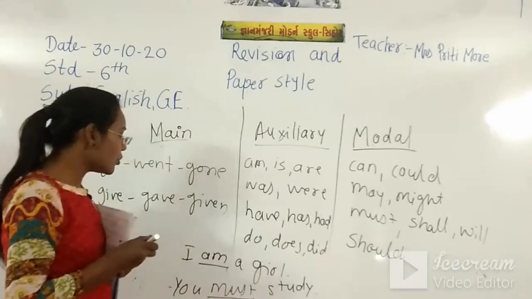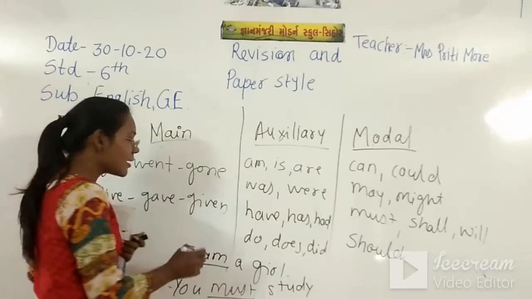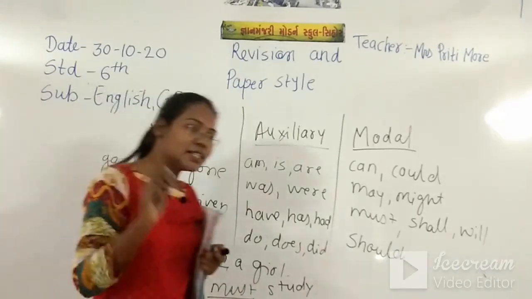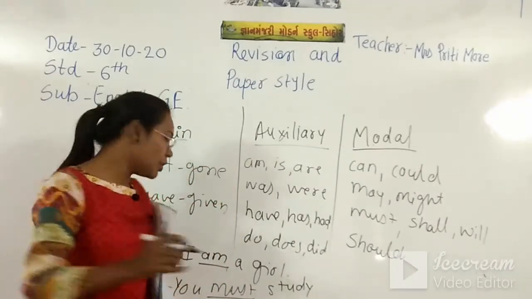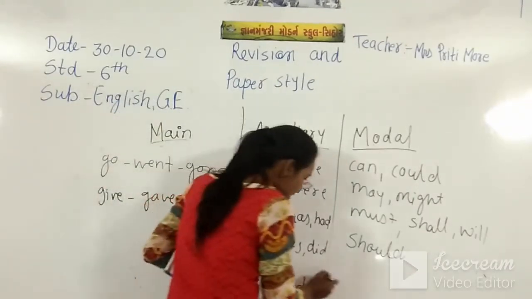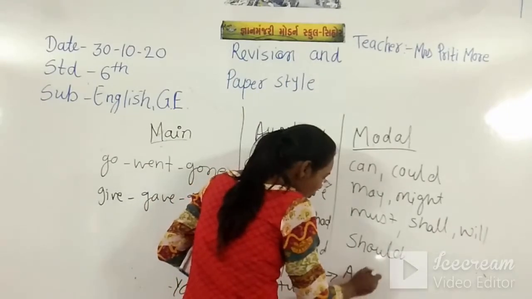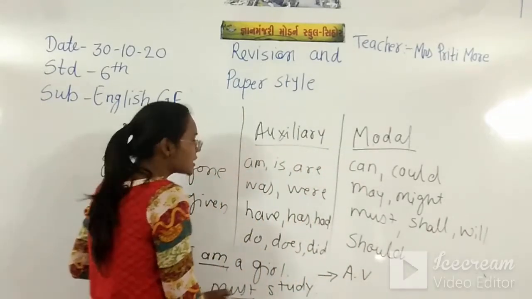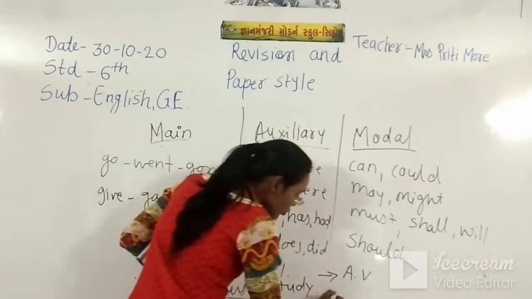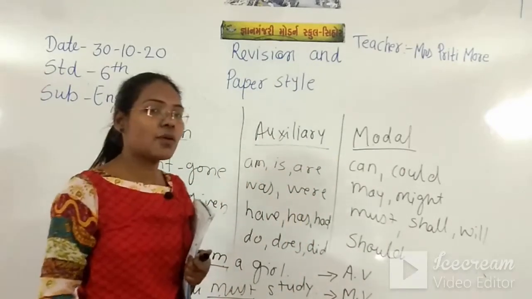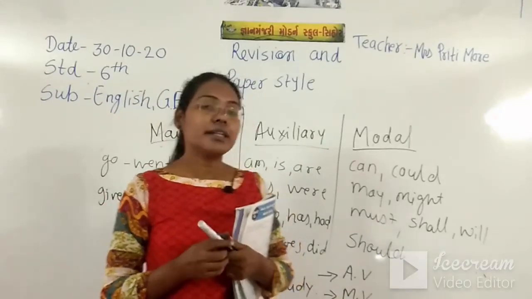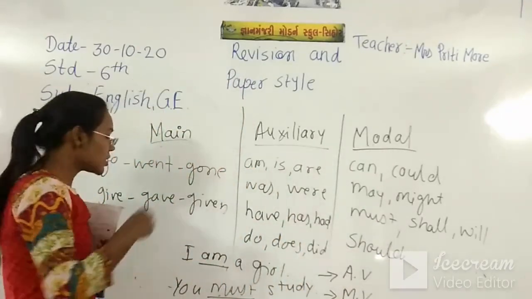Now what you have to do, you have to write: identify whether the underlined verb is auxiliary verb or modal verb. So am is auxiliary verb, so write AV. Must is modal verb, so write MV. Questions like these can also be there in your exam. So you just note down this.